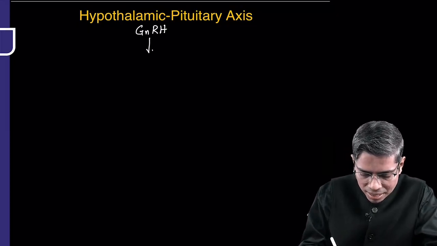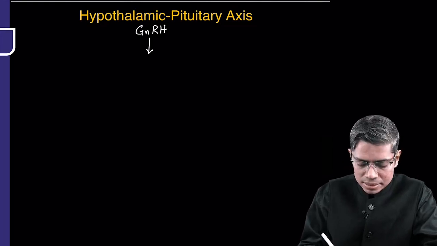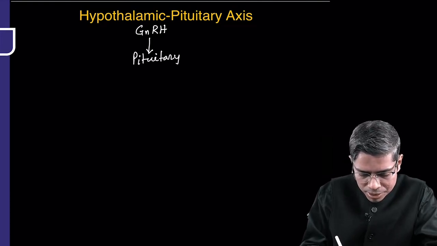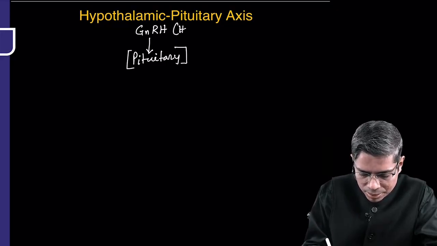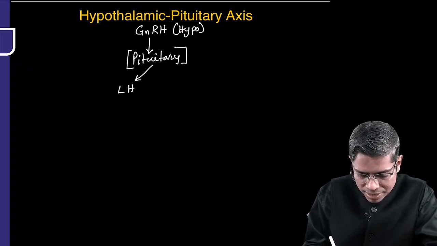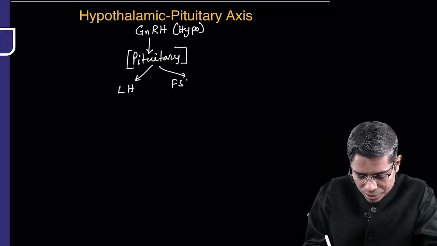This GnRH is going to act at the level of pituitary. Obviously, all of you know that. So, when it is acting at the level of pituitary, this is coming from hypothalamus, right?